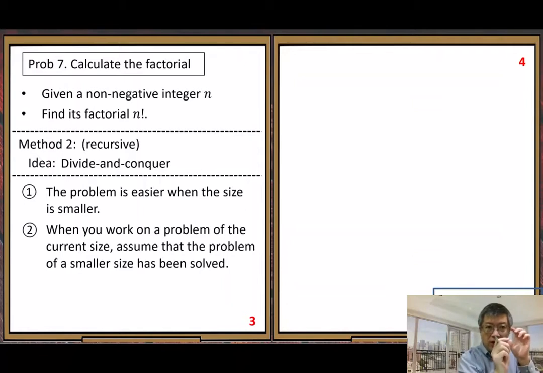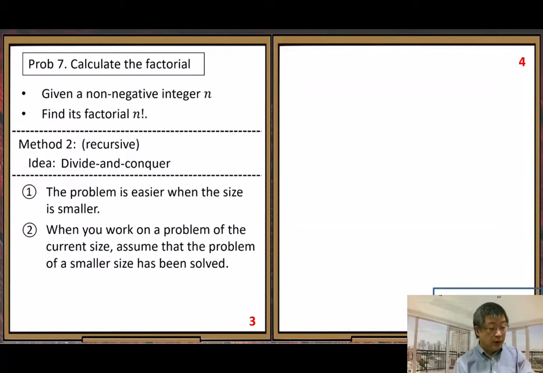Why? Because we go through from there, so we increase the problem size, sometimes one by one, but sometimes by a certain number, not necessarily one.